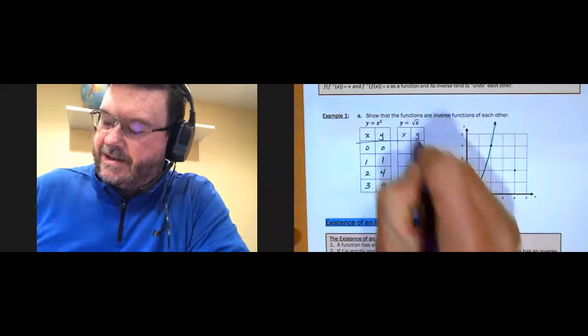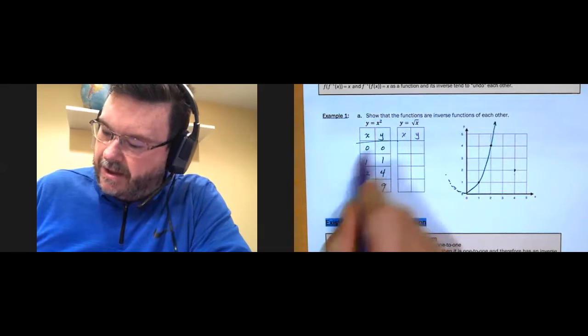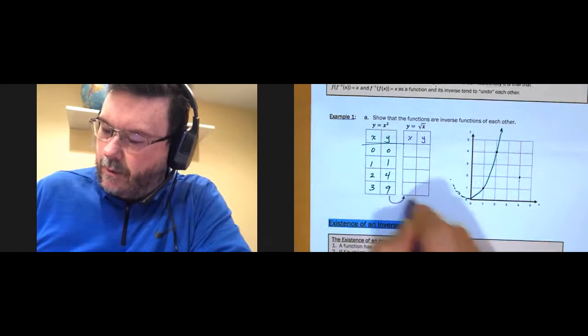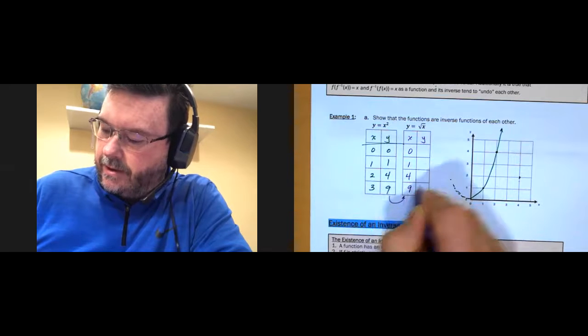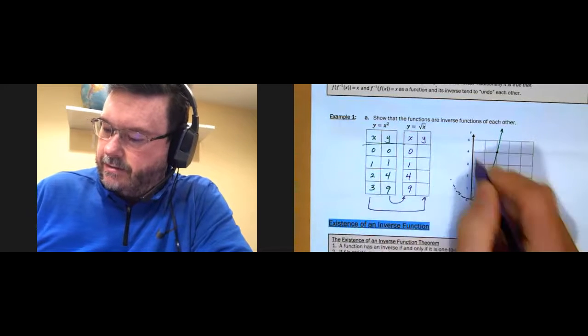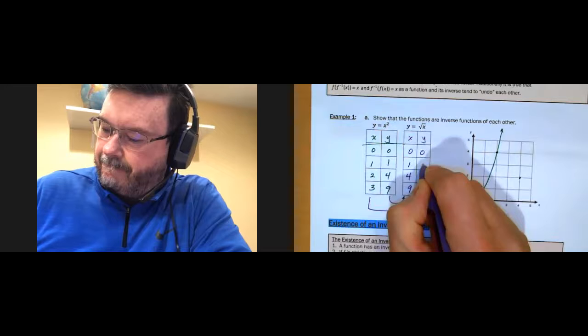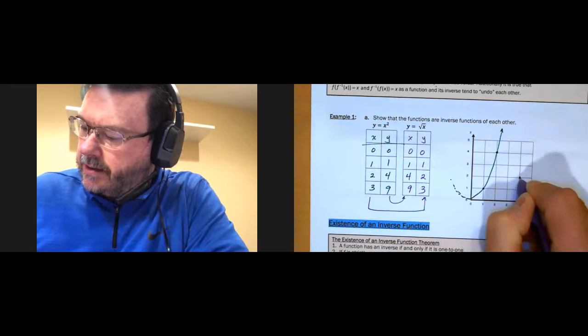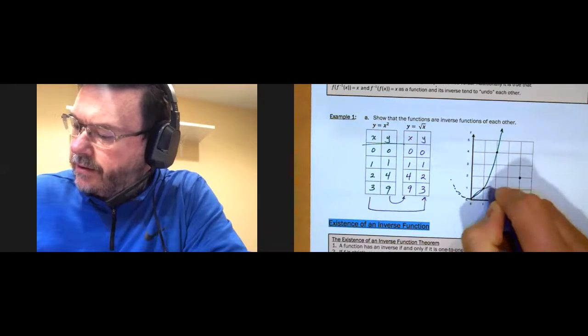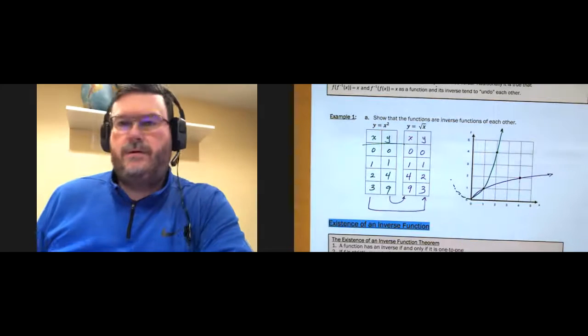If we look at the x and the y here, basically what's happening is the y's now become the x's, and the x's become the y's. So that when you're looking at this function it becomes that graph.